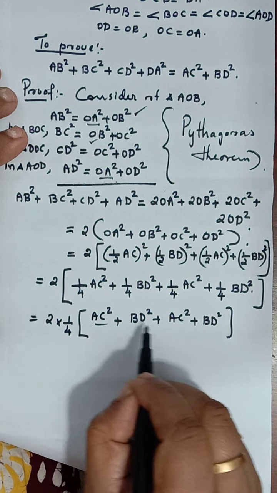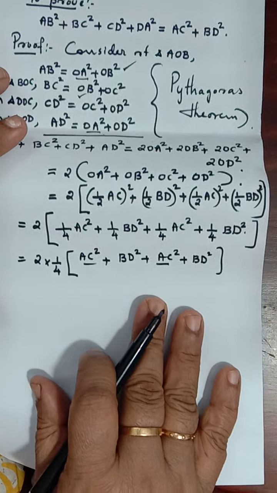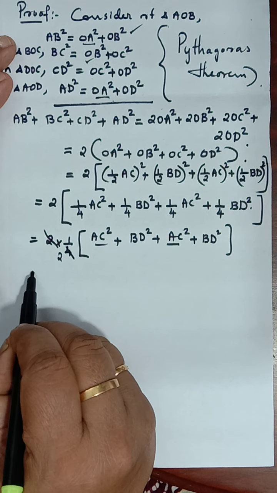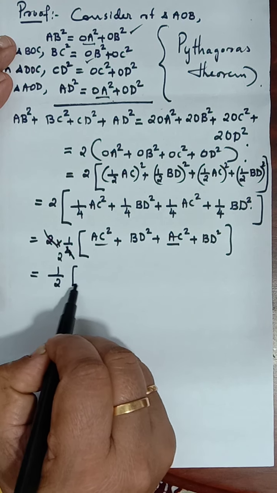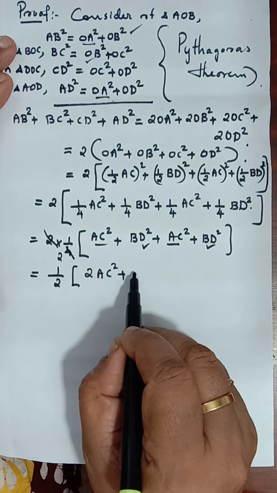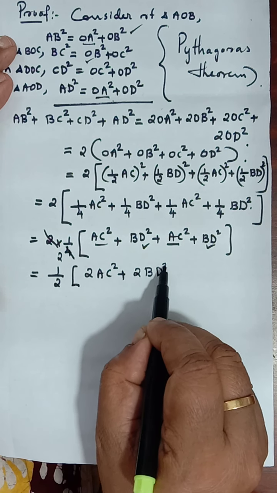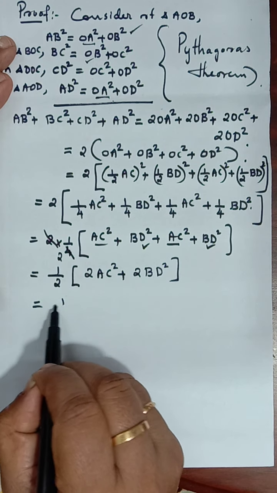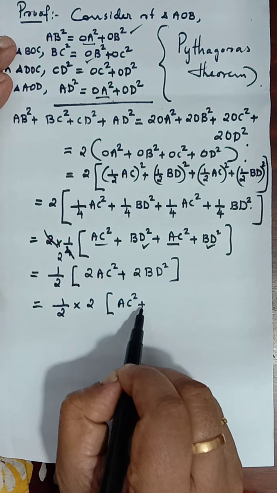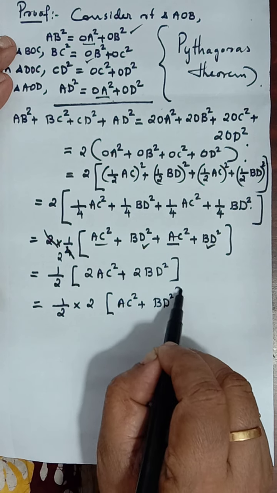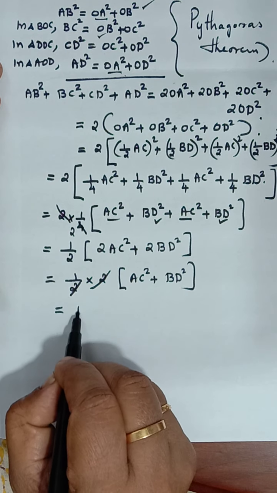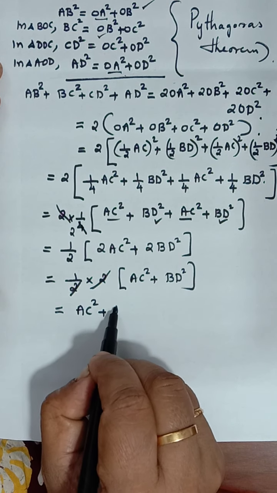How many AC square do we have? 2 AC square, and similarly 2 BD square. So 2 is common, take out 2 again. Half into 2 is common, we have AC square plus BD square. So this 2 and 2 get cancelled, and on the right hand side we have AC square plus BD square.